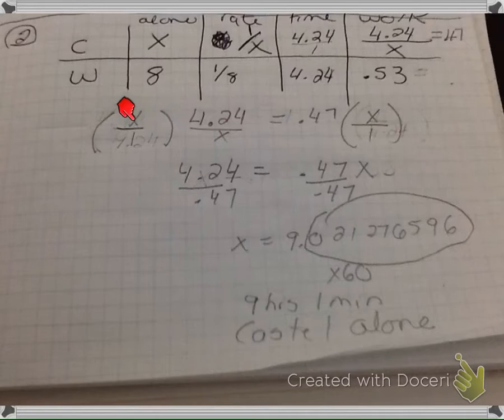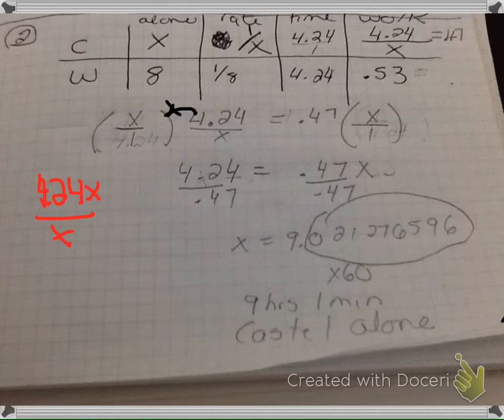Okay, if you multiply this side out, I'm going to write it off to the side, what you'd get would be 4.24 x over x.